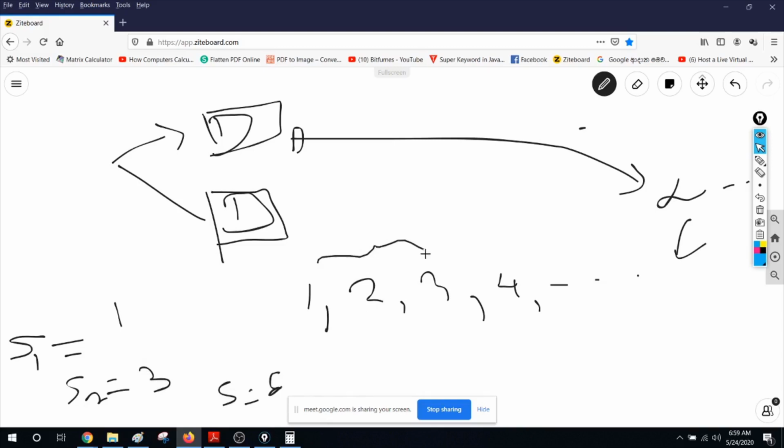Likewise this is 6, this is 10, next one is going to be 15. It keeps on increasing as well. If it keeps on increasing, that means S infinity is also going to reach infinity. So both the sequence and the series are divergent, right?